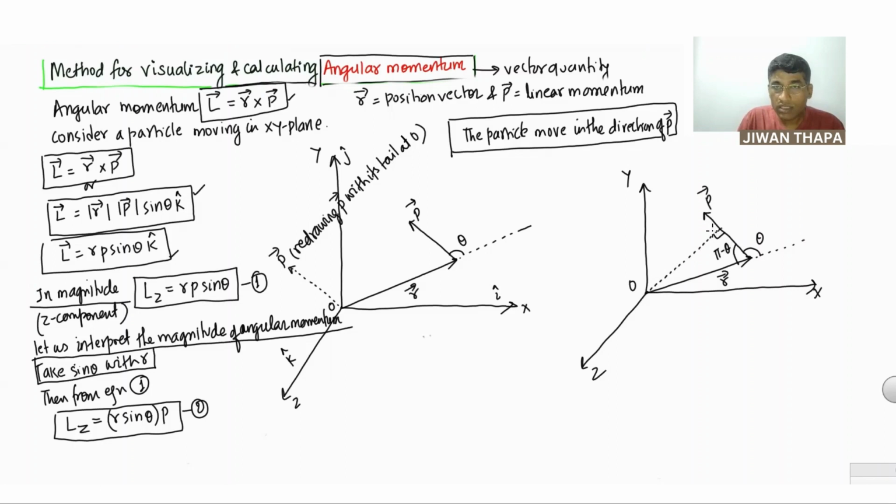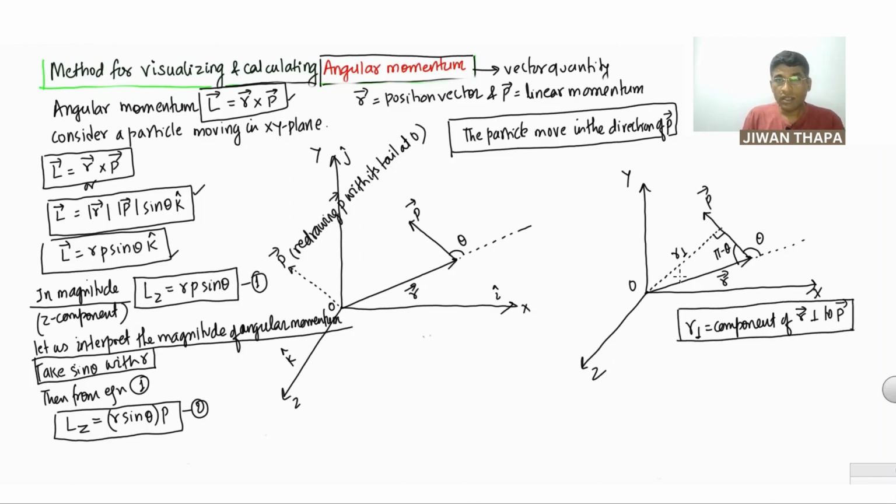So this length is r perpendicular, because we know the particle moves in the direction of P. So the line of motion is this. The direction of linear momentum gives the line of motion. We can simply say that r perpendicular is the component of position vector perpendicular to linear momentum. So we can understand it in this way also.